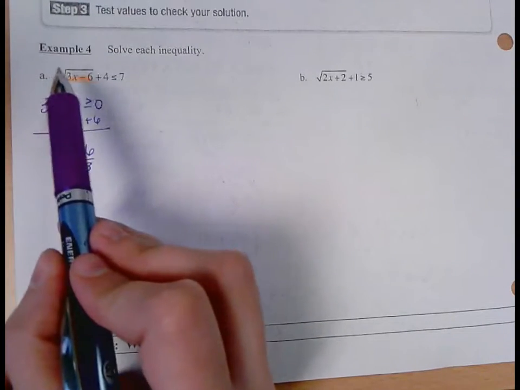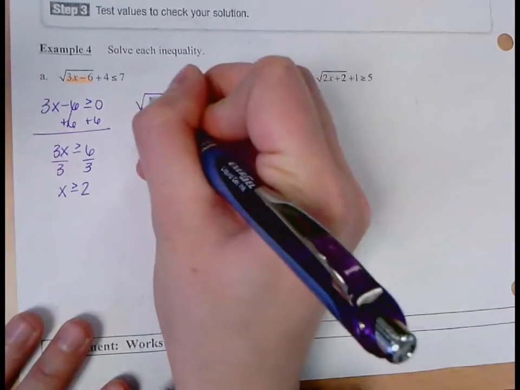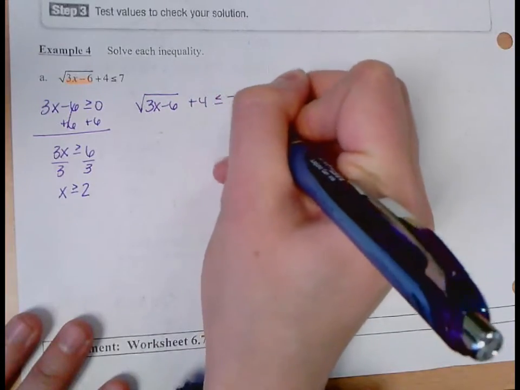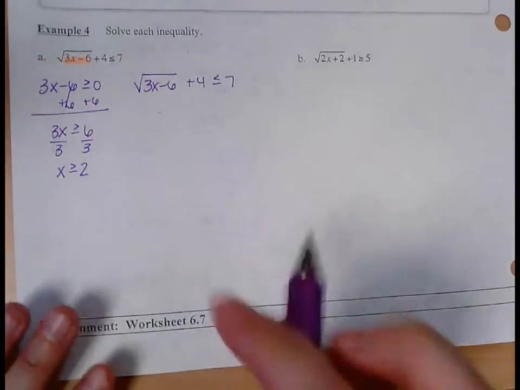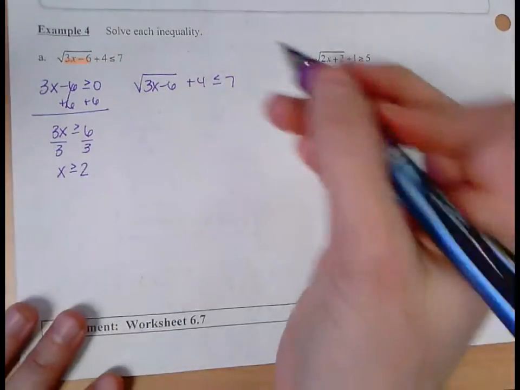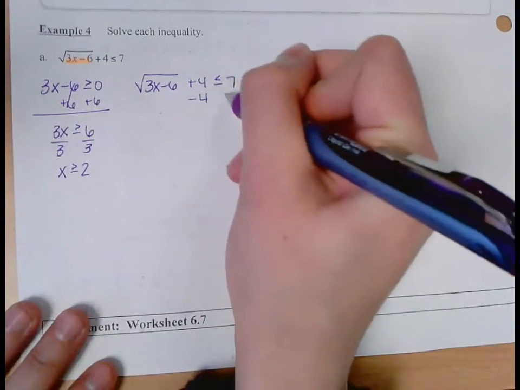And now the second step then is to solve the full inequality, just like you solved the equations. Okay, so I'm just rewriting the inequality. Solve this like I would an equation. So I'm going to get the square root by itself, subtract 4 from each side.